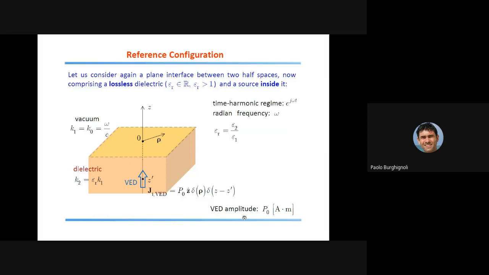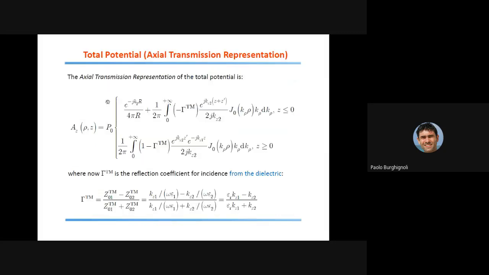Now, the mathematics is exactly the same as in the previous lesson, so we saw that it is possible to represent the magnetic potential excited by this source, which is vertically directed because the field is purely TM, in terms of this representation, in which you can see in the lower medium we have the incident wave, which is the usual free space Green's function for medium number 2, and this is known in closed form.